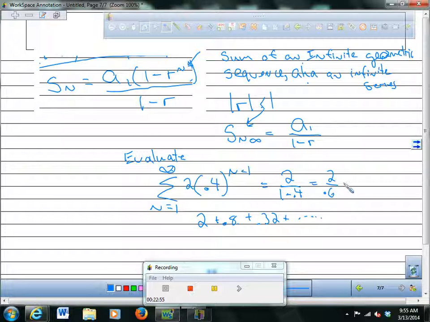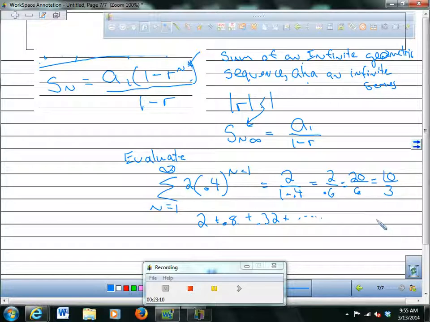I want to get rid of that decimal, so I'm going to multiply by 10. 20 over 6, which is equal to 10 thirds. See? So if I add all these up forever and infinity, my sum would be 10 thirds. How do you like that? Isn't that cool? So cool.